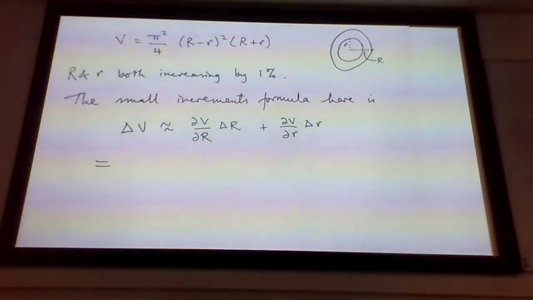What is the differentiation of this one and this one? So I did just differentiate with respect to the big one. Now need to differentiate with respect to the small one.